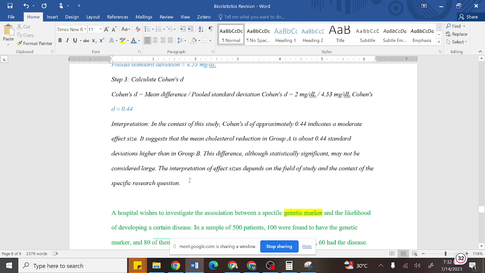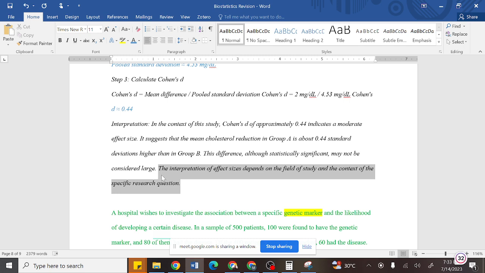The interpretation of effect size depends on the field of the study and the context of the research question. So what hypothesis are you testing? What drug are you actually testing?